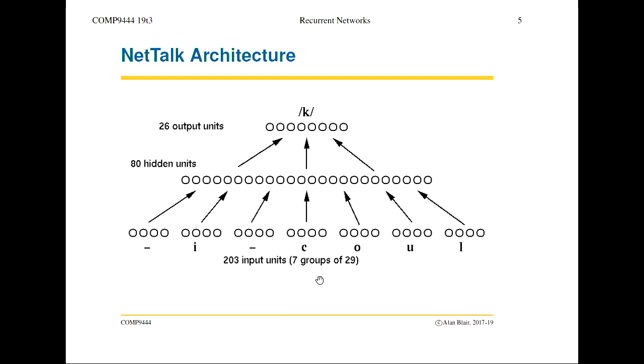It's a one-hot encoding. If it's a C, there are 29 inputs here, the one corresponding to the C is equal to 1, and everything else is equal to 0. You have a hidden layer with 80 units. Then you have 26 outputs corresponding to the International Phonetic Alphabet. So this is the character, the sound K.